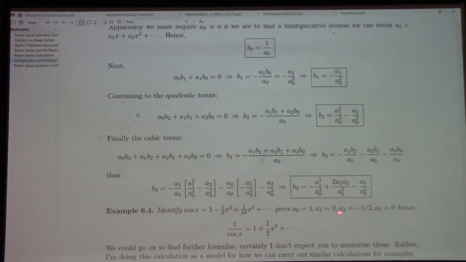So a sub 0 is 1, a sub 2 is minus 1/2, a sub 3 is 0. So up to the order that I've calculated, which is just cubic, I can see that I've got just this term and that term contributing. And notice that a1 is 0, so this just becomes minus a2 over a naught squared. A naught is 1 in this context, so it's just minus a2, which means this minus a half turns into a plus half, and that's it, right?